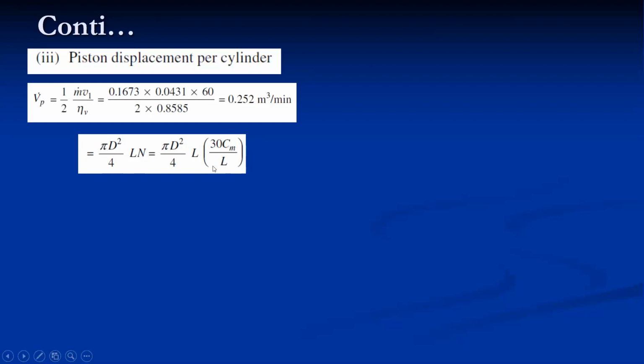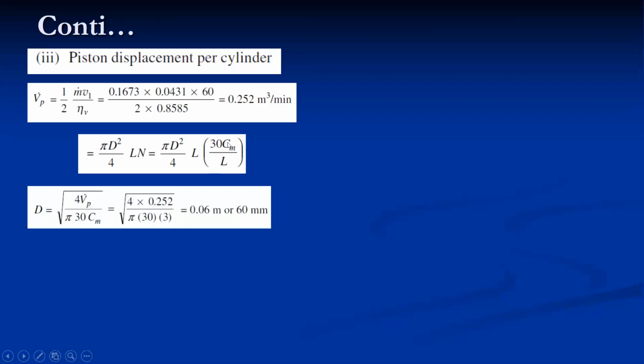So we have calculated the diameter. The only unknown in this equation is diameter, because the L by D ratio is given. If we rearrange this equation and put in the values, L gets cancelled, so the only unknown is diameter.